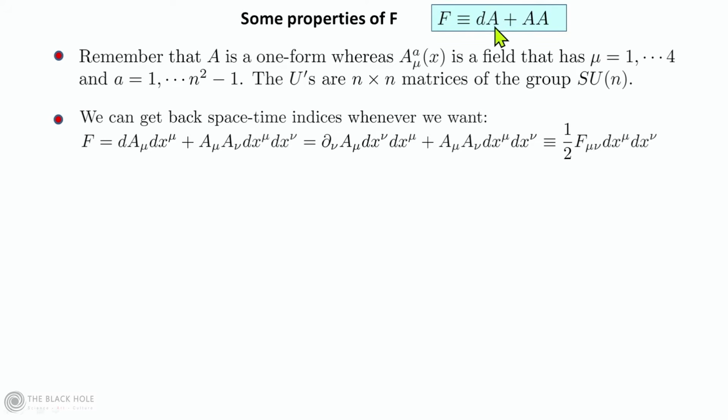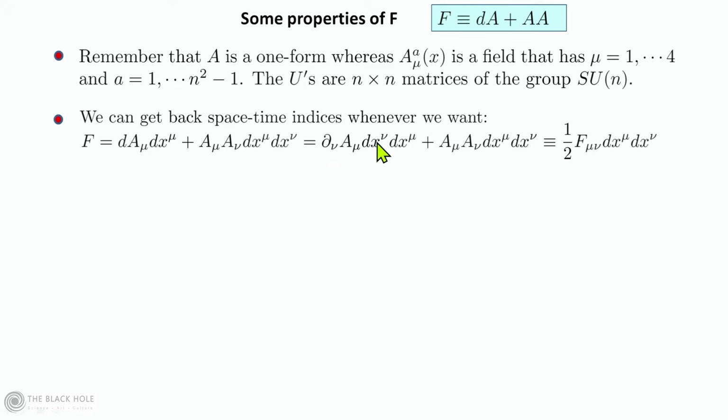Or just put, sorry, just put A equal to A mu dx mu. Right? Over here, instead of A, I put A mu dx mu. Here I have two A's, so A mu A nu dx mu dx nu. All right. Now, what is dA mu? It's d nu A mu dx nu.